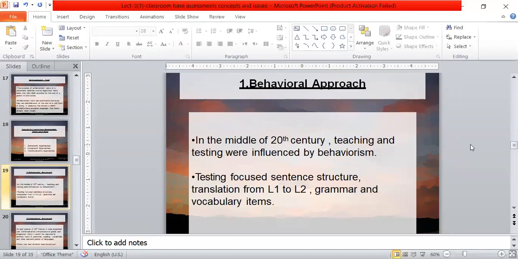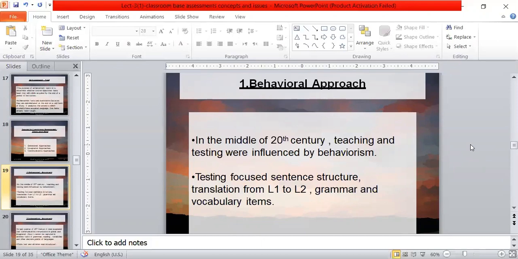That is why the social scientists of this era worked on it and found that the mid-20th century teaching-learning process was influenced by behaviorism.